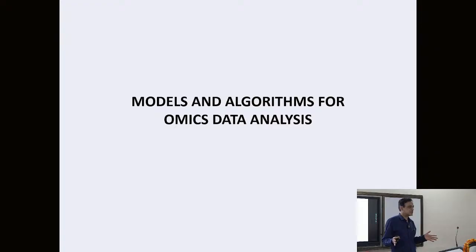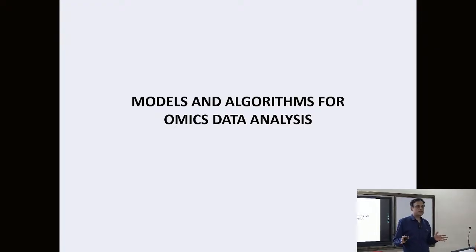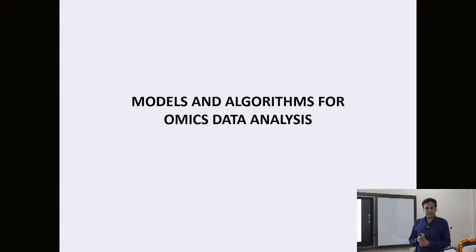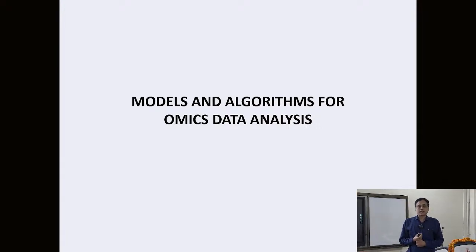Bioinformatics or computational biology is a relatively new field compared to many other fields, and it has been growing rapidly. And because of the new advances in omics and the large amount of data that are now available, bioinformatics is also evolving rather rapidly.